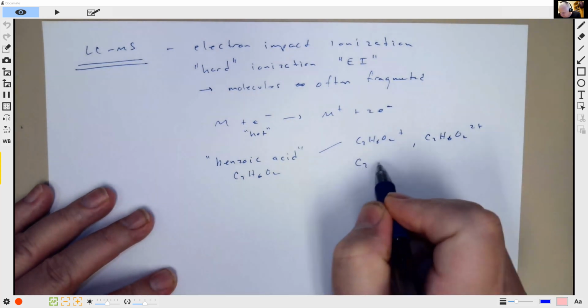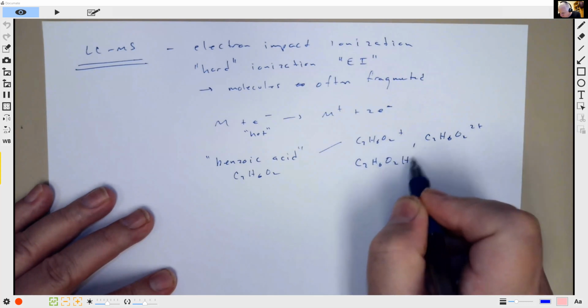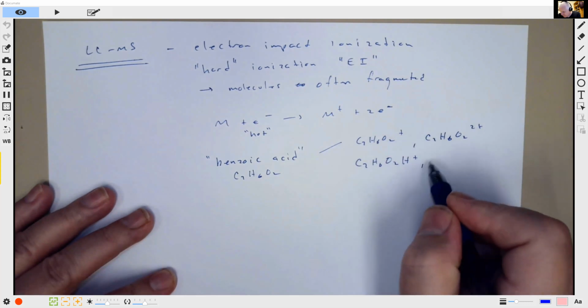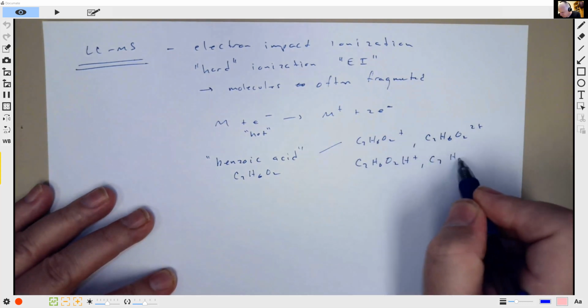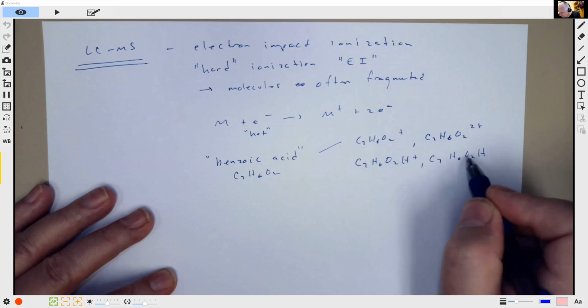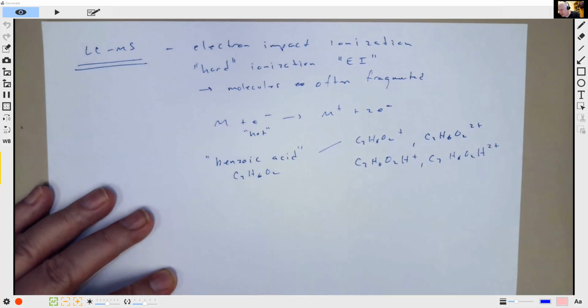Or you can get C7H6O2H plus, or C7H6O2H 2 plus, right? So there's a lot of variety in the products you can make.